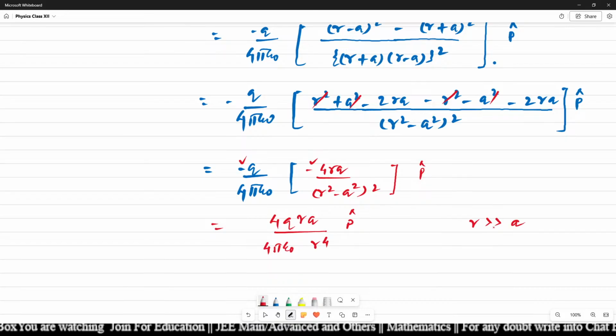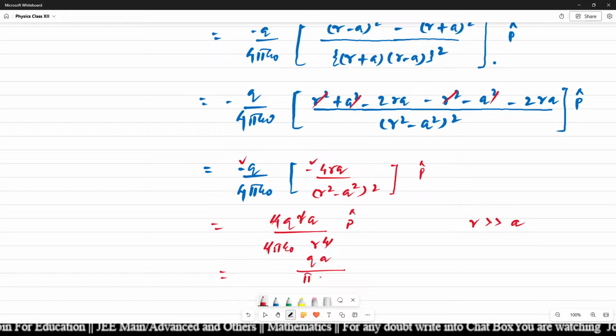When r is far greater than a, then r square minus a square will be r square. So here will be r to the power 4. So we cancel out this one, then we cancel out this one, and then we get here the expression over 4 pi epsilon naught into r to the power 3.